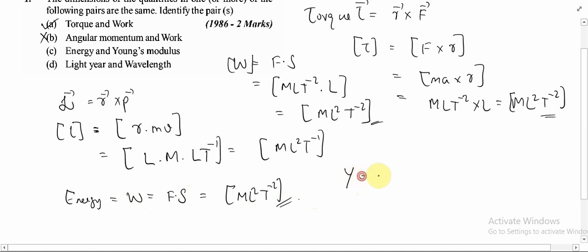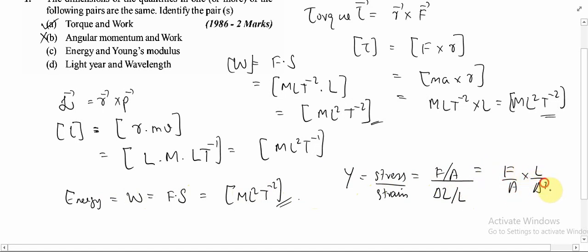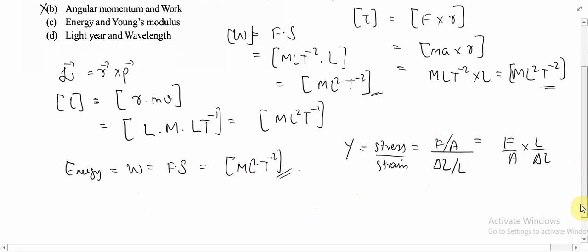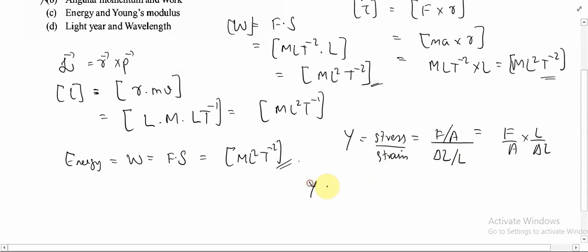Now Young's modulus is defined as stress by strain. Stress is force per unit area and strain is change in length divided by original length. Now I can write it as F by A into L by delta L. L by delta L is a ratio, so it doesn't have any dimensions. So the dimension of Young's modulus is the dimension of force per area.